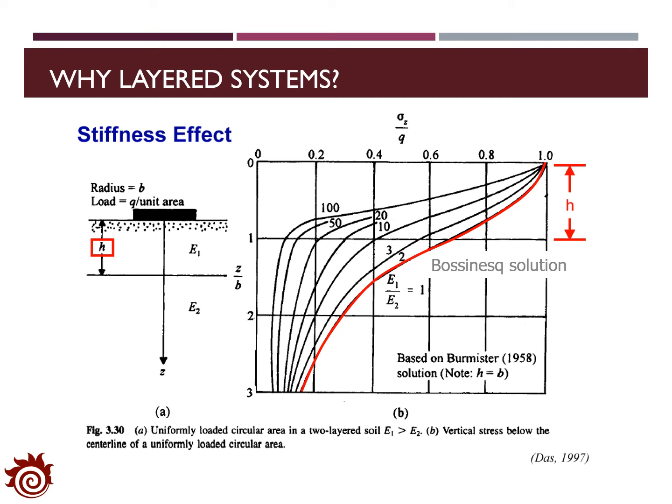Here we can find that if we increase the ratio of modulus of elasticity, say that we set a higher modulus of elasticity for the top layer, then the stress at the bottom layer could be reduced dramatically. For example, if the ratio increases from 1 to 100, then the stress can be reduced dramatically from 0.7 to 0.1.